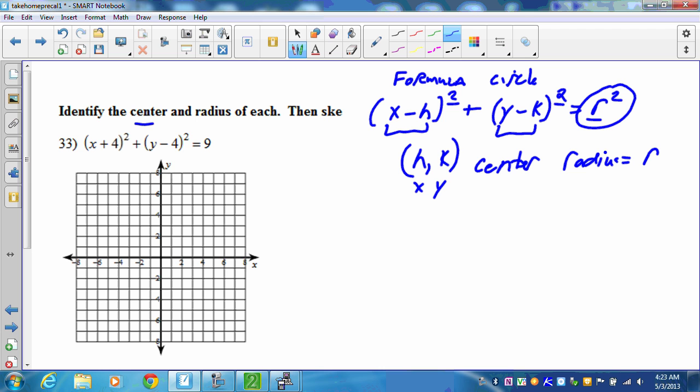So in this problem, you can see our k, our y value, is already in subtraction form. So that means that k is a positive 4. But this one right here is not written properly, but now it is.